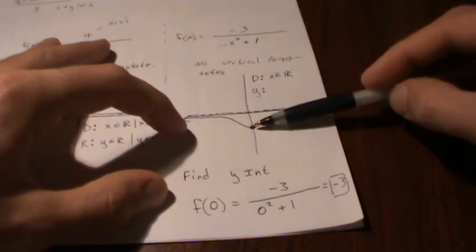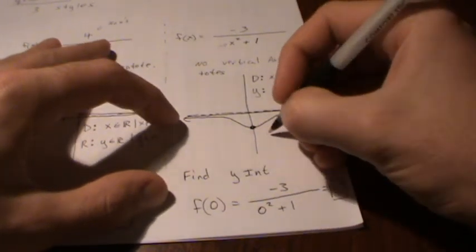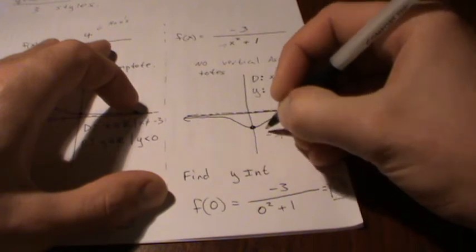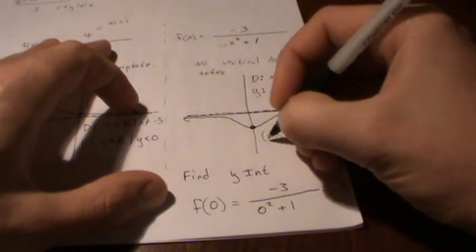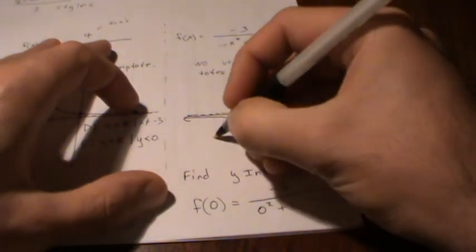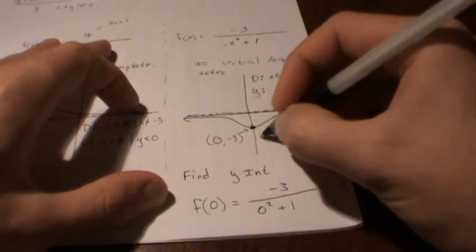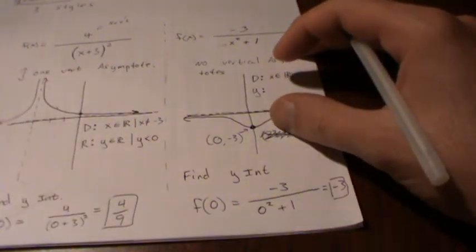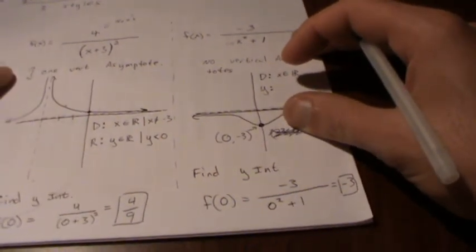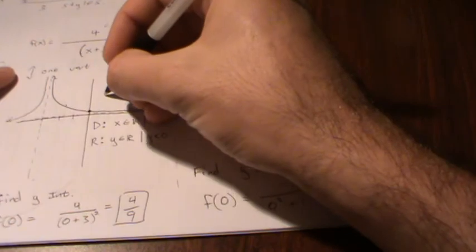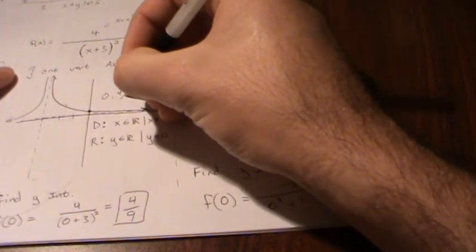The lowest the y gets is -3 here. 0, -3. Oops, I messed that up. Okay, and by the way, I'm going to do 0, 4/9 right there.